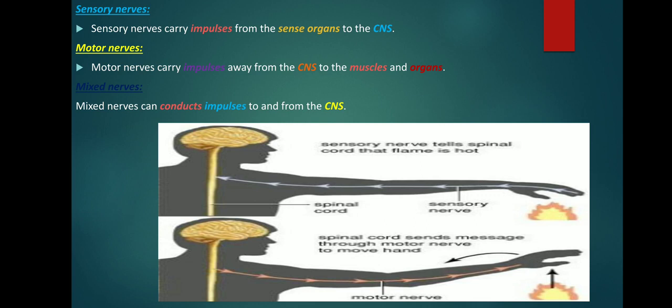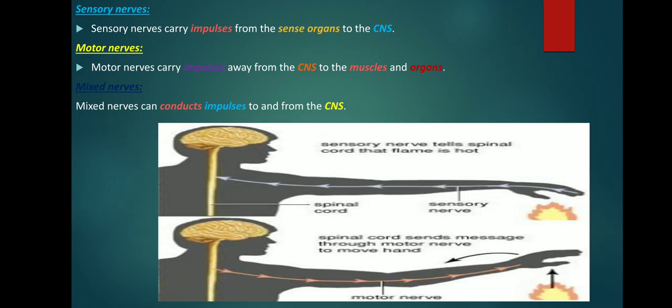A sensory nerve, also called an afferent nerve, is a nerve that carries sensory information toward the central nervous system, and all those nerves which can sense or recognize stimuli are known as sensory nerves. A sensory nerve is a cable-like bundle of afferent nerve fibers coming from sensory receptors like the nose, ears, eyes, and mouth.